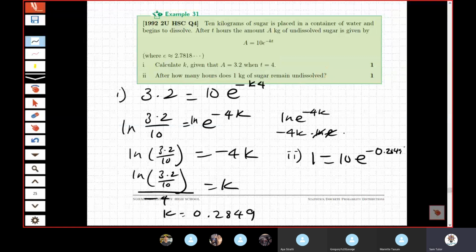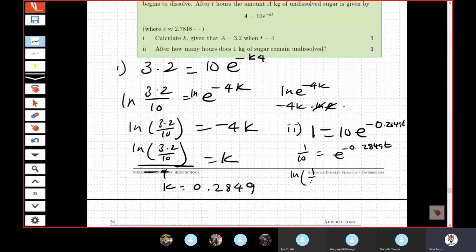0.2849 t. Divide by 10. Log both sides. Divide by negative 0.2849. So divide by k. We'll just get the answer out.